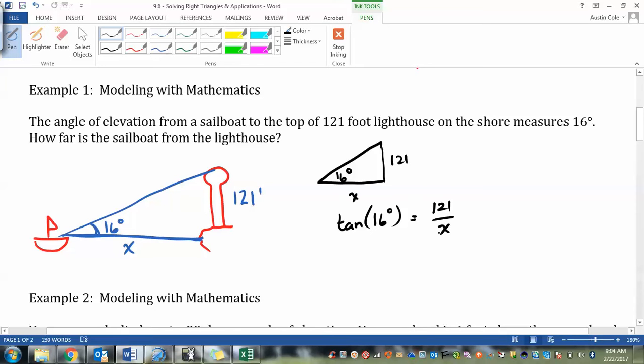And now I'm going to solve it the exact same way. Nothing's changing. I'm going to multiply both sides by x, and those are going to go away. So I'm going to get x times the tangent of 16 degrees equals 121. And then I'm going to need to divide both sides by the tangent of 16 degrees.